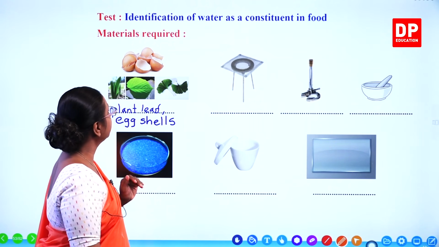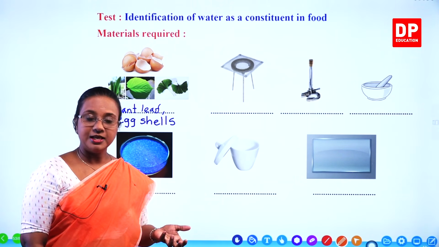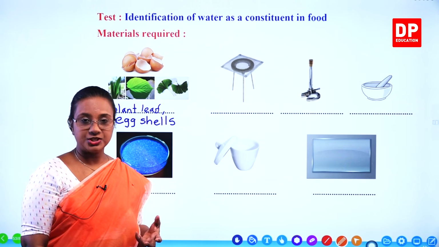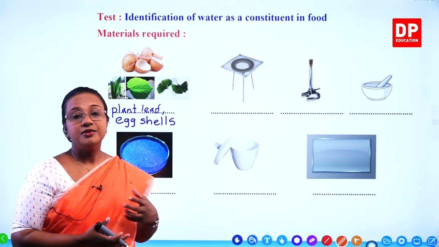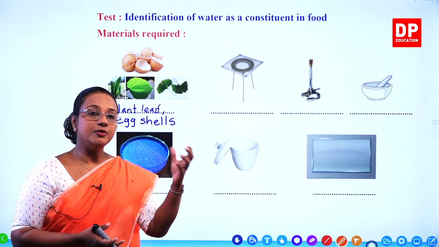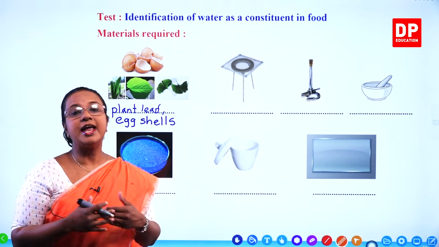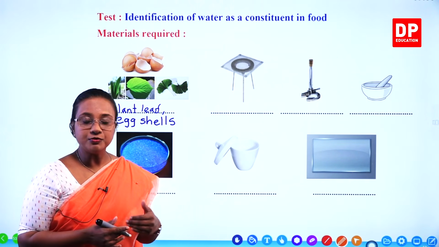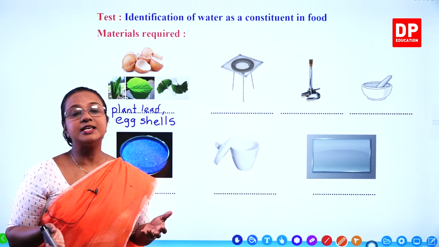So, what we have to do is we have to take these parts, say leaves of plants or the eggshell, but it has to be in the dried form. Dried form in the sense we don't have to dry it in the sun, but we shouldn't wash it and take it. Because if you wash, the leaf will have water on its surface.